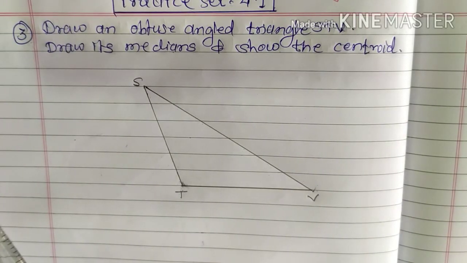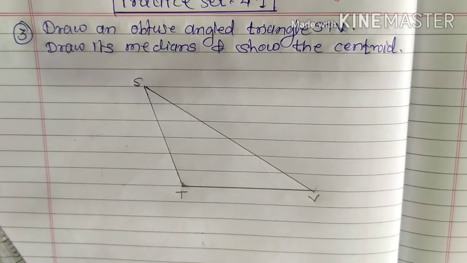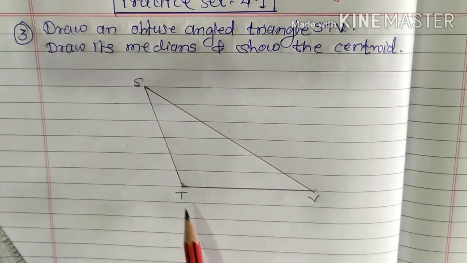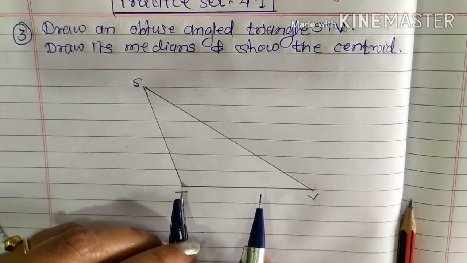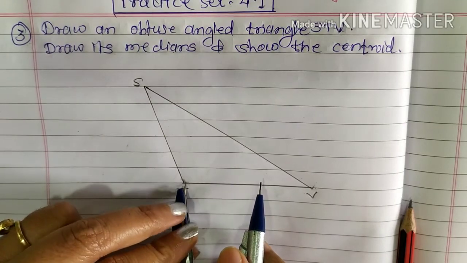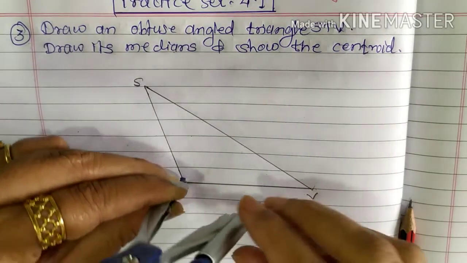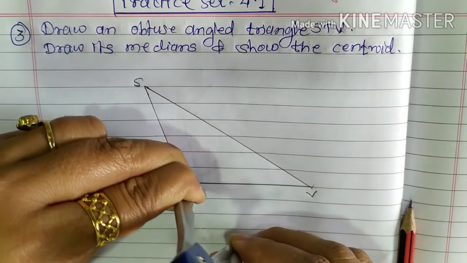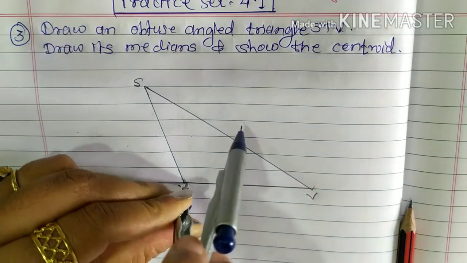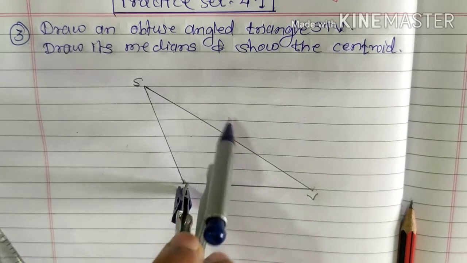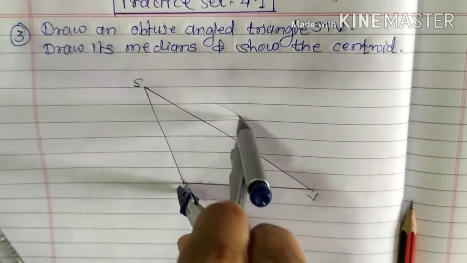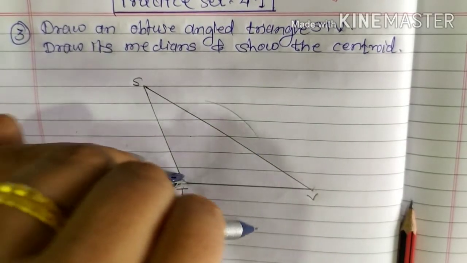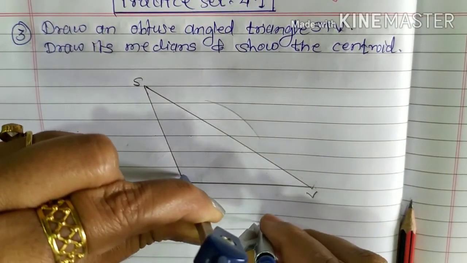hence we obtain the midpoints of all the sides of this triangle. First side, that is side TV. For finding the midpoint we can take a distance more than half a cm from this line and make arcs or curves here.